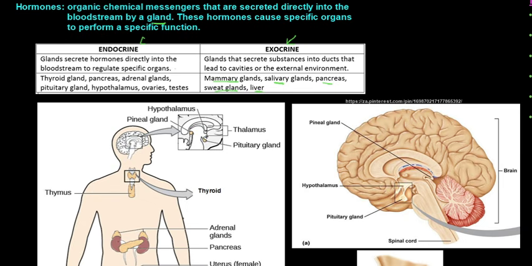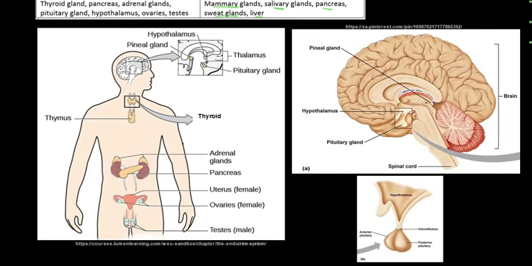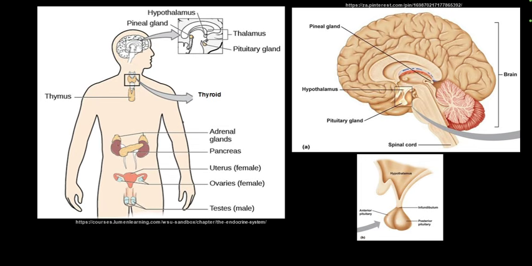Now we'll move on and look at where these glands are situated, what hormones they secrete, and what functions they basically have. So the most important of them is the hypothalamus.